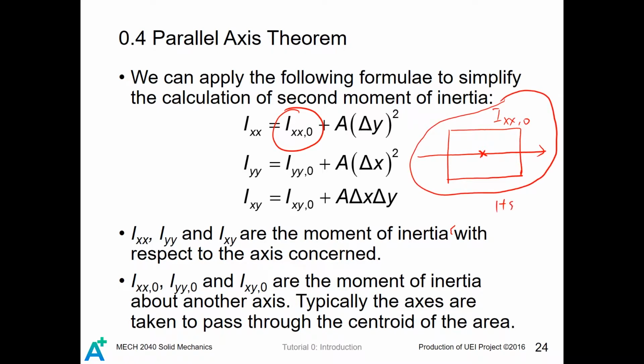Verbally, okay, it is not that formal. I just try to let you understand. So it is the moment of inertia about itself, an axis passing through its centroid. The moment of inertia about an axis passing through its centroid. Okay.